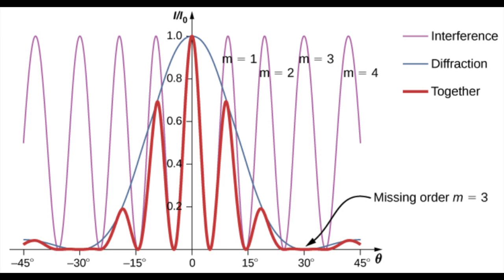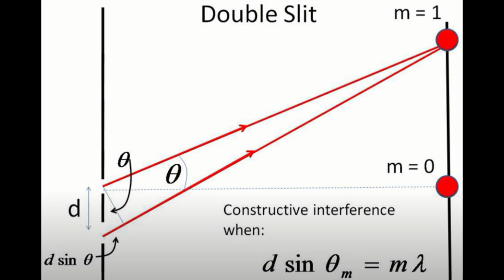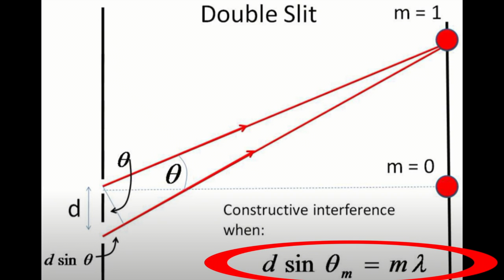In addition to the single slit equation above, we also need the equations that predict the angles at which the interference maxima, the peaks, and the minima, the zeros, are in the pattern. Constructive interference happens when d sine theta is equal to m lambda, and destructive interference happens when d sine theta equals half integers of lambda.